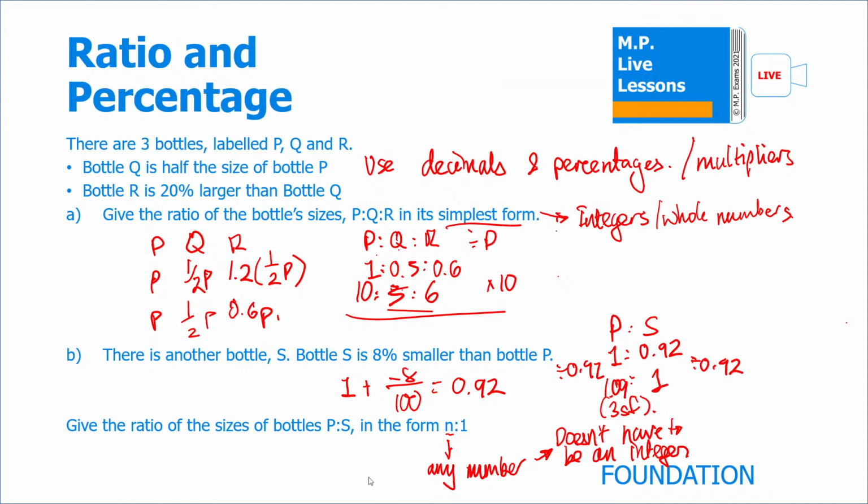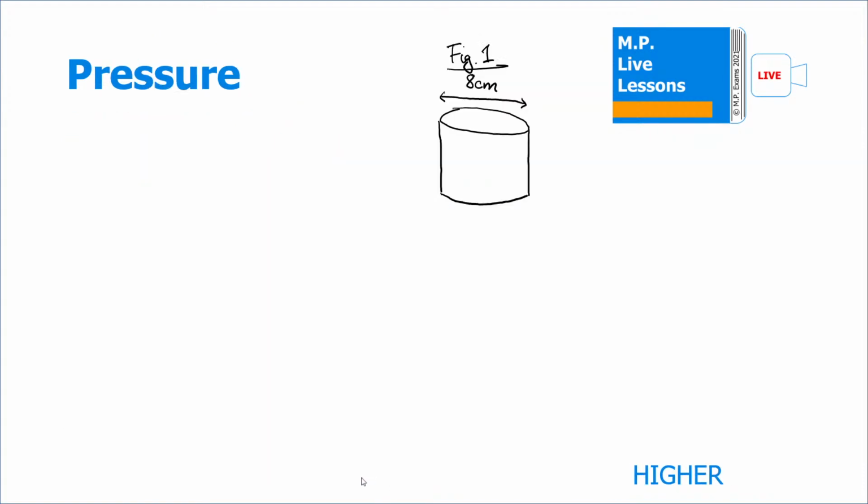Now we'll move on to some higher tier stuff, which is pressure. The formula which will be given to you is pressure equals force divided by its area.